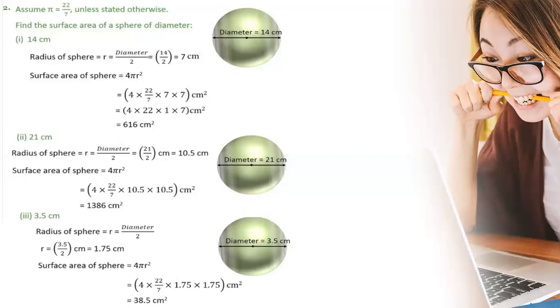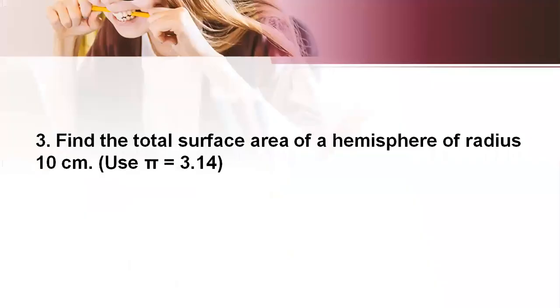And in the third case, the diameter is given as 3.5 centimeters. And so the radius is 3.5 by 2 centimeters, which is 1.75 centimeters. So now the surface area is 4 pi r square, which gives the value as 38.5 centimeters square. Now let us see the third problem.